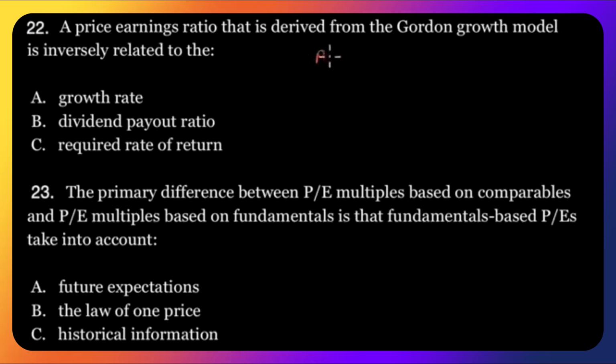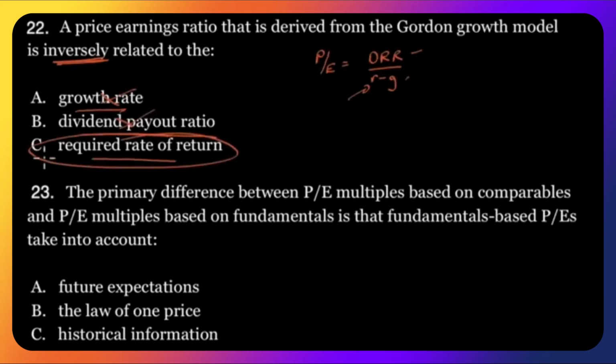And you'll recall we had PE equal to the dividend payout ratio over R minus G, so that the price earnings was positively associated with the dividend payout ratio and G, and negatively related to R. So a price earnings ratio that is derived from the Gordon growth model, which is inversely related to the, it would have to be R, because it's positively related to the other two. The growth rate, the dividend payout ratio, or the required rate of return. It must be the required rate of return.